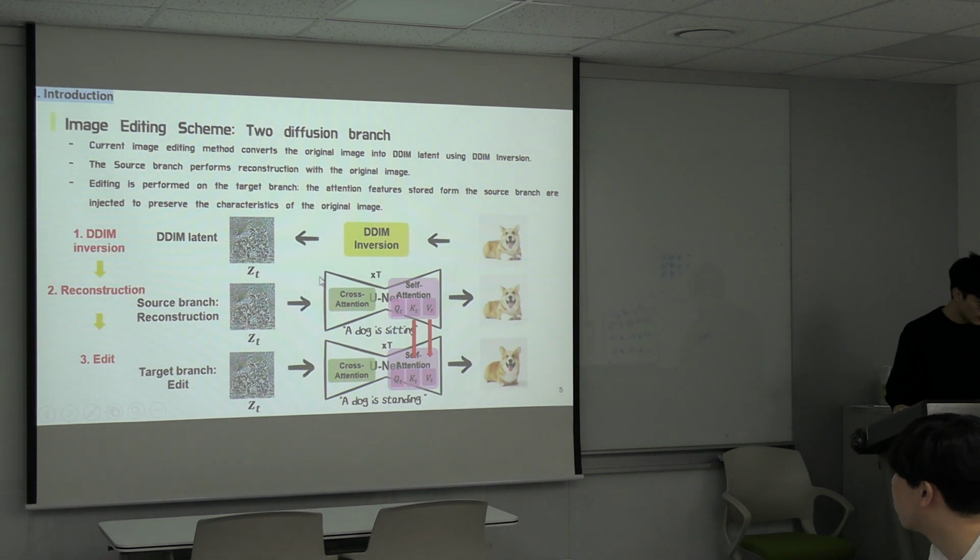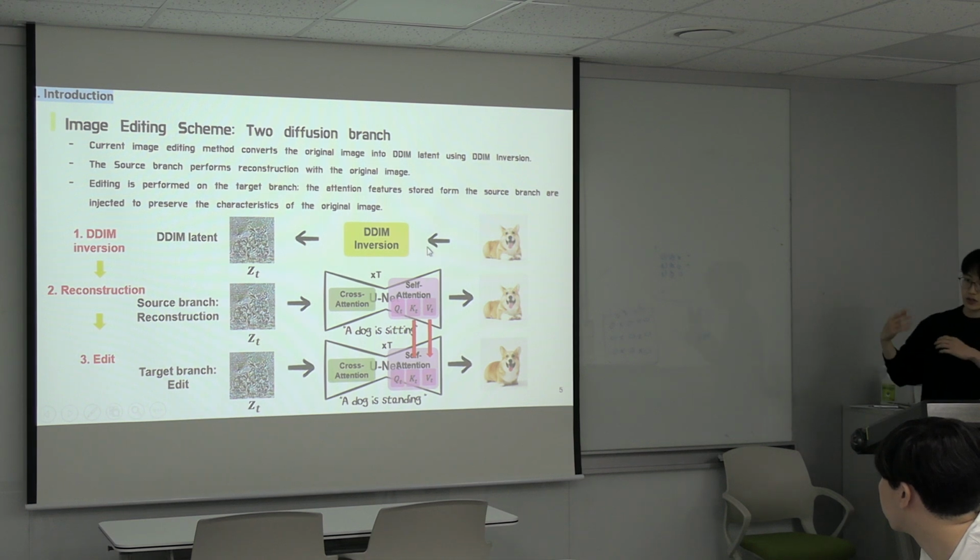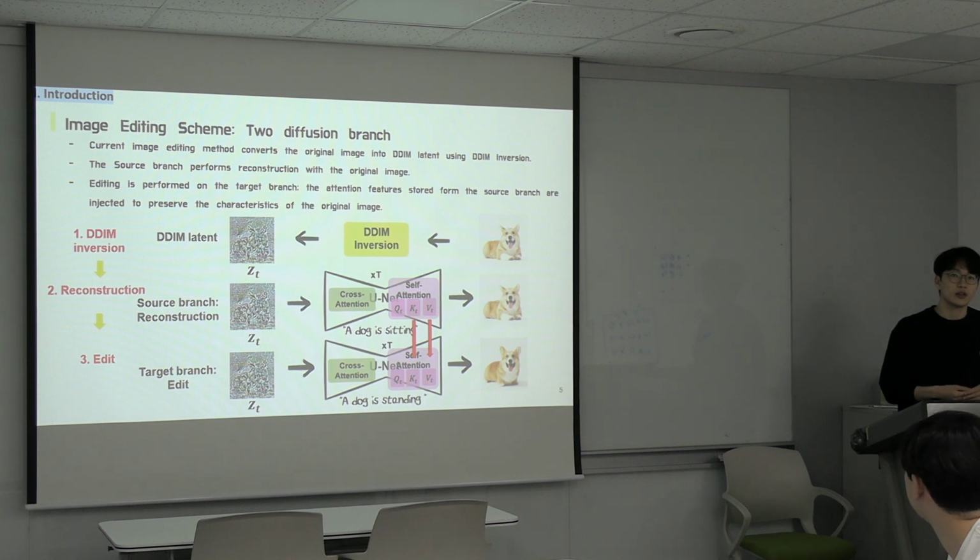First of all, the input image, like the corgi image, is converted into the DDIM latent using DDIM inversion. Actually, DDIM inversion is similar to the DDPM process, but it removes the stochastic term under a certain assumption, like a non-Markovian process.